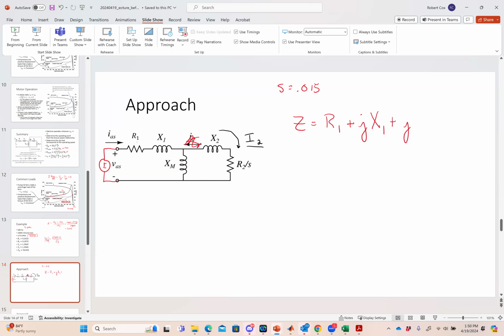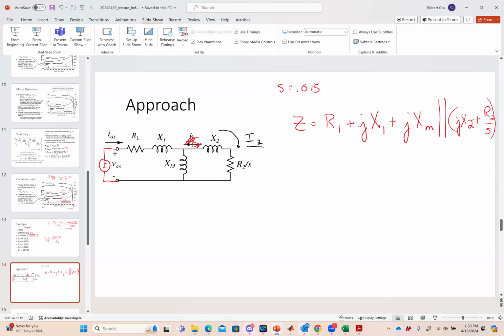Plus JXM in parallel with JX2 plus R2 over S. Like that. All right. Now I got to use that S in this particular case, so I got to plug in that value of S equal to 0.015.